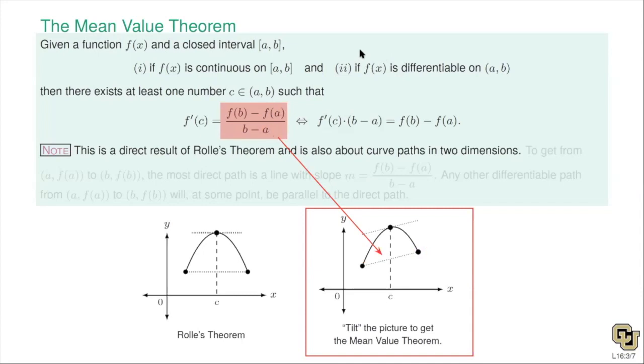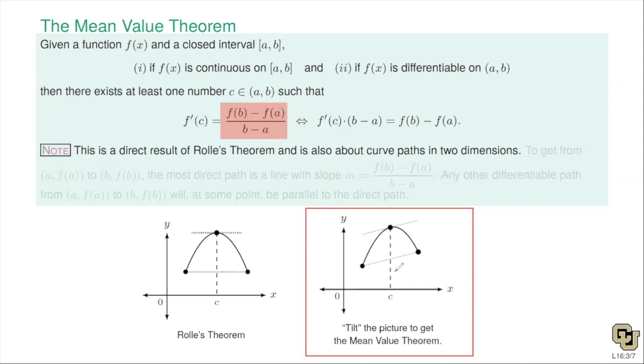So the theorem is saying that at some point when we travel from a, f of a to b, f of b, the tangent line will be parallel to this direct line.